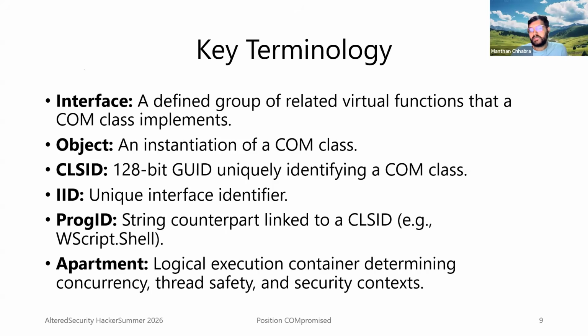So these COM classes which have a CLSID also have a string counterpart, which is called a ProgID. For example, WScript.Shell. We'll see an example of our custom COM class later on. Essentially, the ProgID is just a string counterpart of our CLSID for easier developer use.